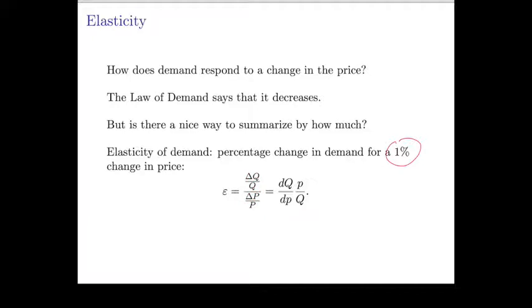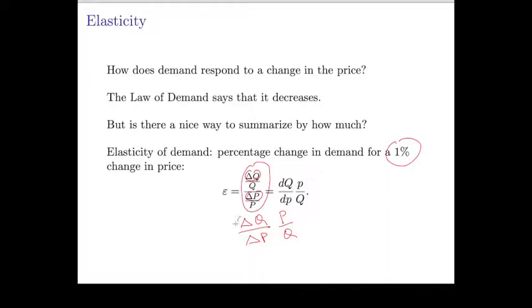If those changes become very, very small, that's when we use calculus, right? So we've got change in quantity divided by change in price times price over quantity. That's how we can rearrange this expression.